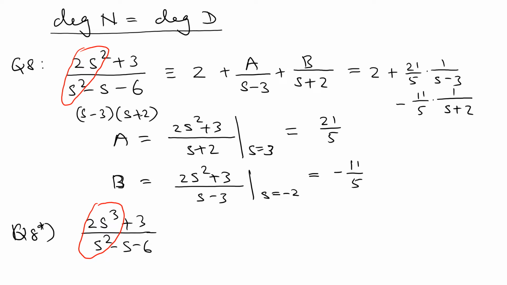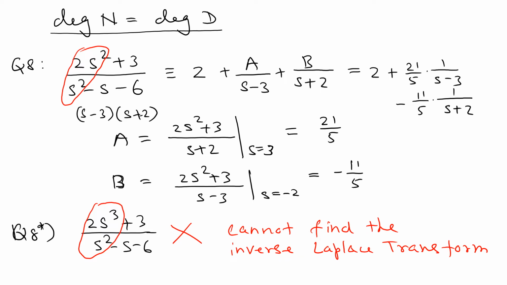This cannot happen, because when you divide these two, you get 2s. That's not possible when you do the Laplace transform. So you cannot find the inverse Laplace transform of this one, because the numerator degree has to be the same, or it should be less than that.